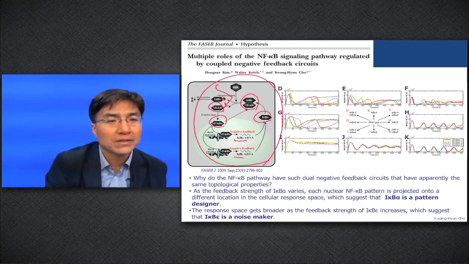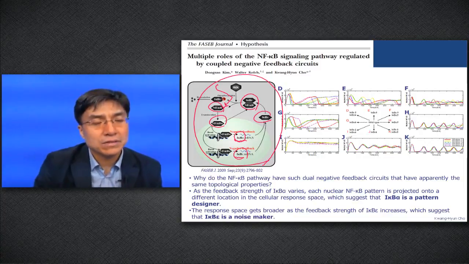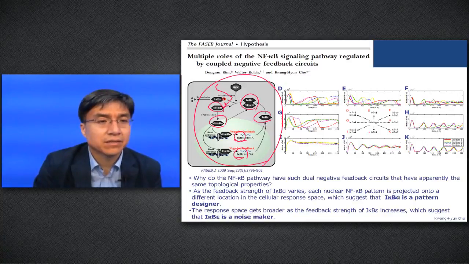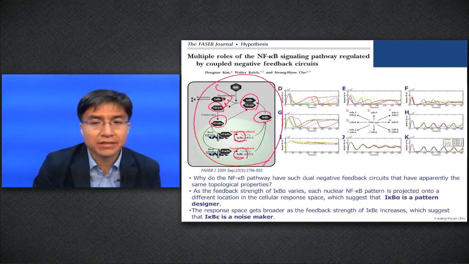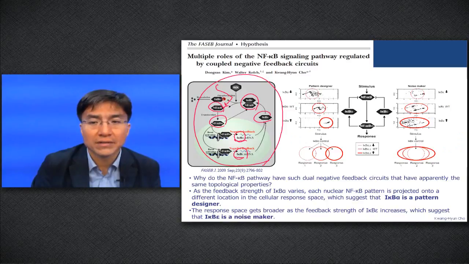You might wonder why there are two apparently redundant negative feedbacks by I-kappa B alpha and I-kappa B epsilon. For a long time, people didn't understand why such two very similar negative feedbacks are here. But in a recent study, there was an interesting discovery that although they look very similar, their roles are quite different.